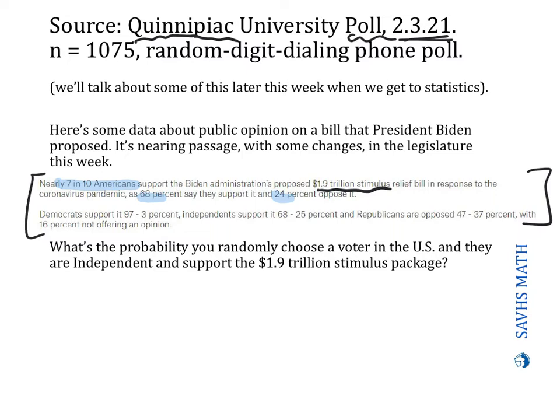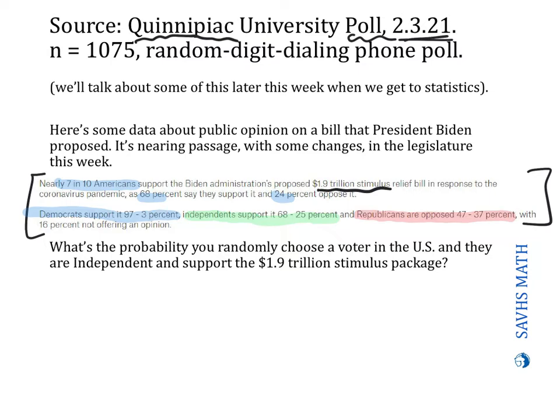It says Democrats support the plan 97% to 3%. Independents support the plan 68% to 25%. And then it says Republicans are opposed 47 to 37%.